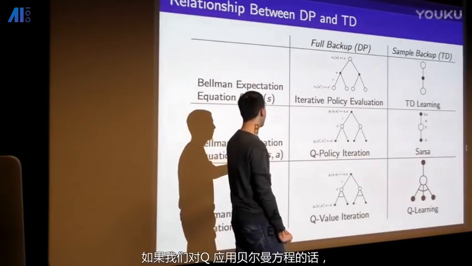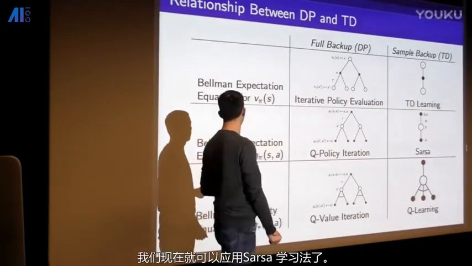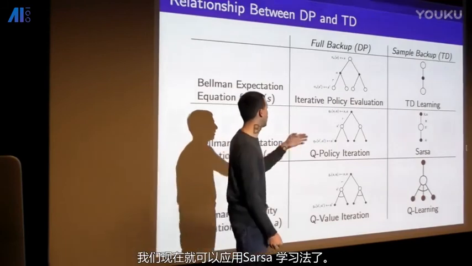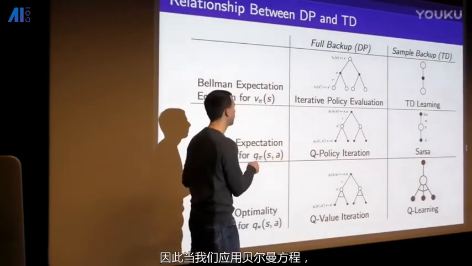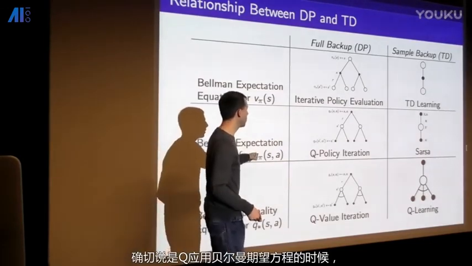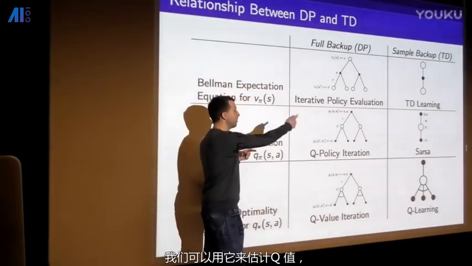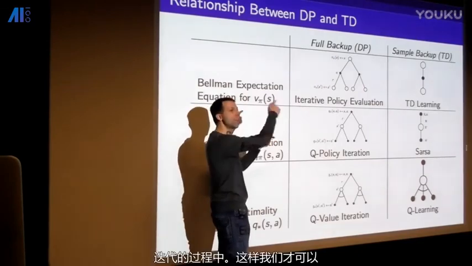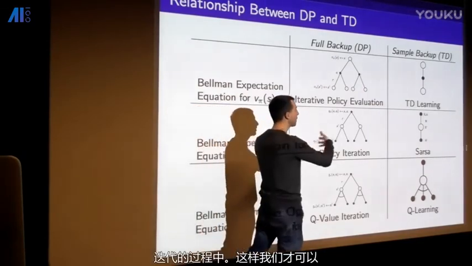When we do the Bellman equation for Q pi, we can actually do SARSA now. So when we use the Bellman expectation equation for Q pi, we can use that to evaluate our Q values and then plug that into generalized policy iteration to make our policies better and better.